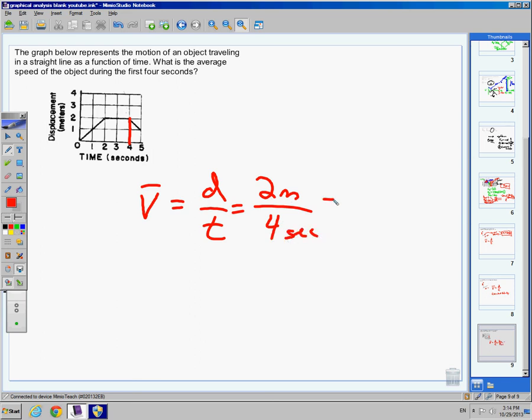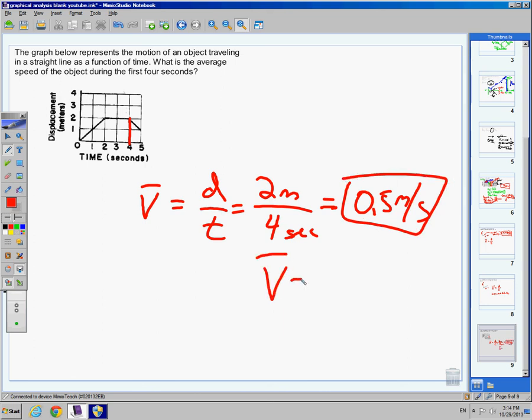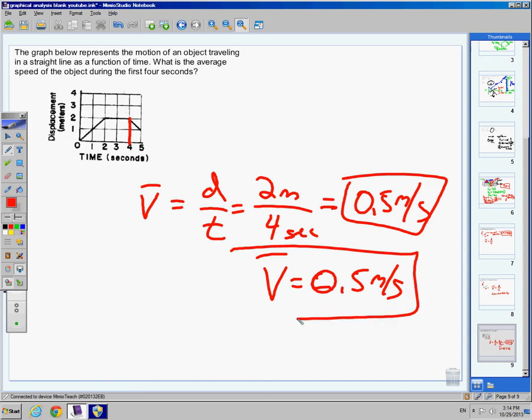That equals 0.5 meters per second. So I would write v equals 0.5 meters per second. And since there was no direction associated with this, I'm just going to say that's my answer.